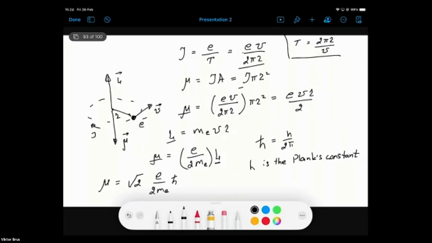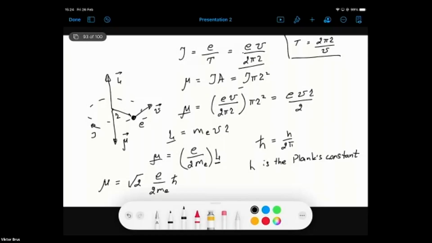Since all substances, all materials, contain electrons in their atoms, it looks like all materials should be magnetic by definition, because all electrons possess some magnetic moment.